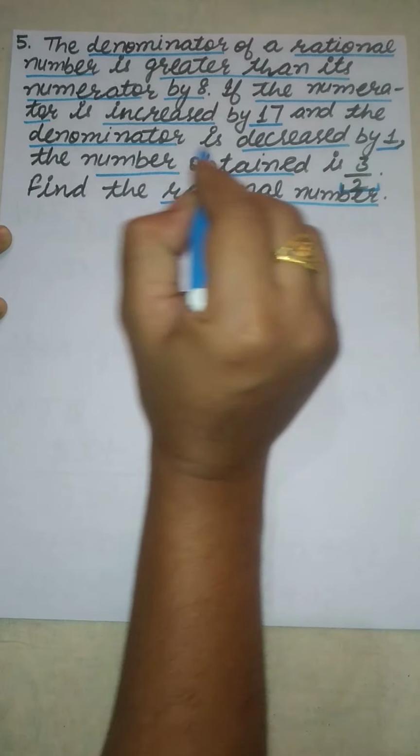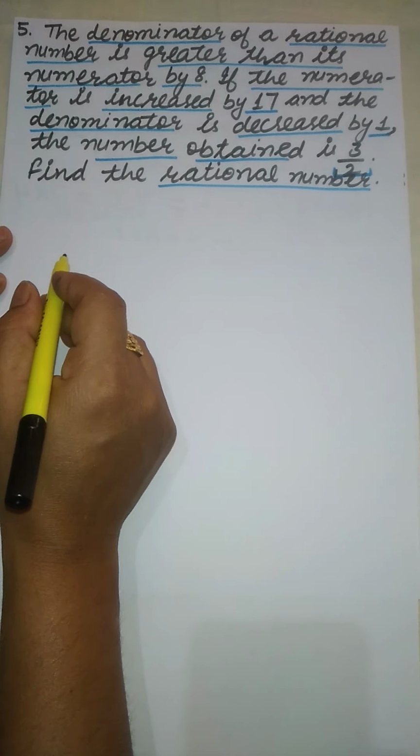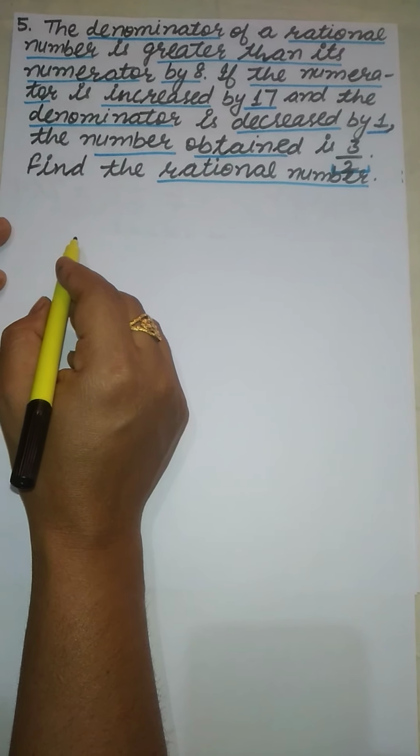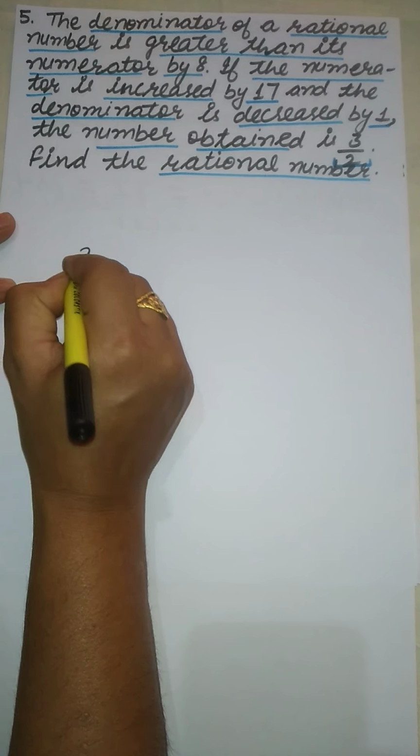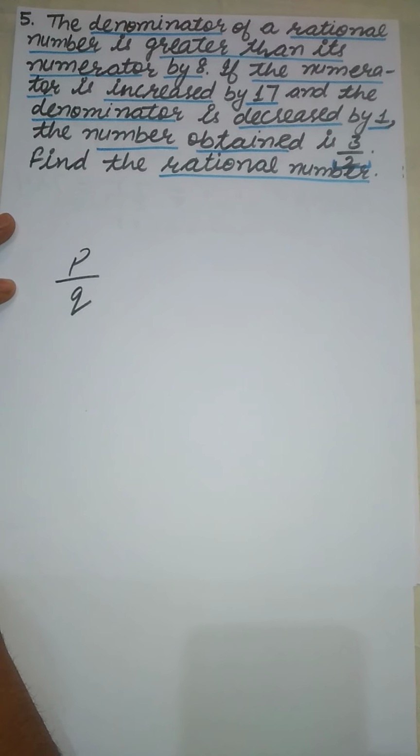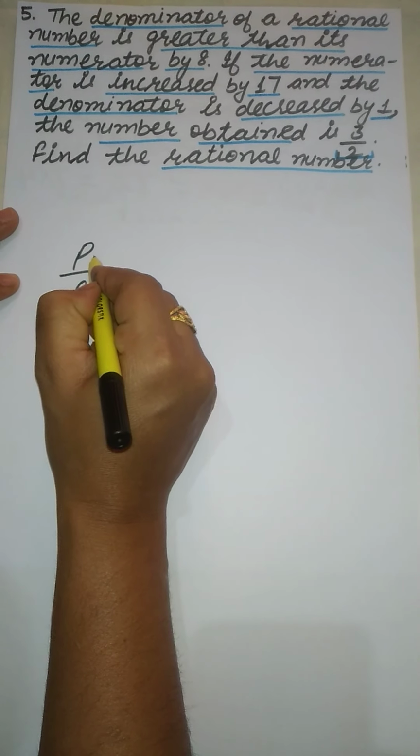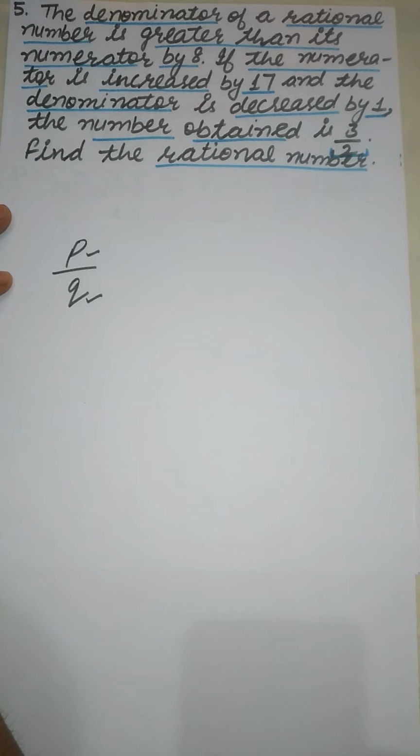Find the rational number. Students, a rational number is that which can be expressed as p by q form, where p is the numerator and q is the denominator.